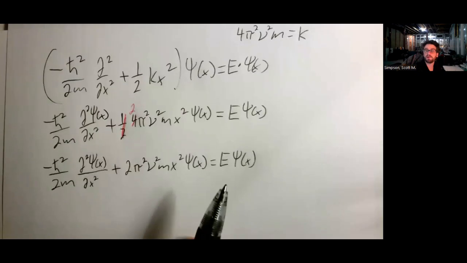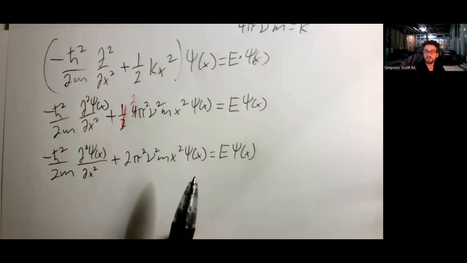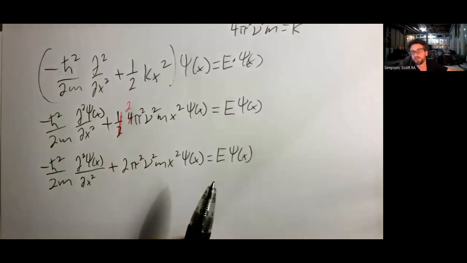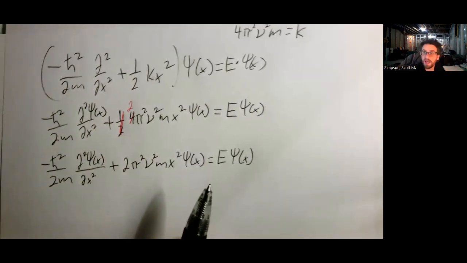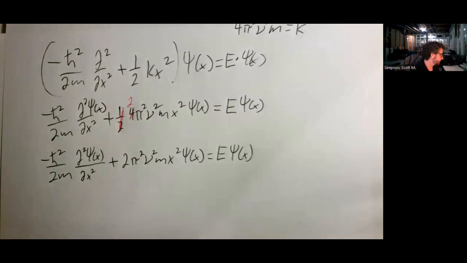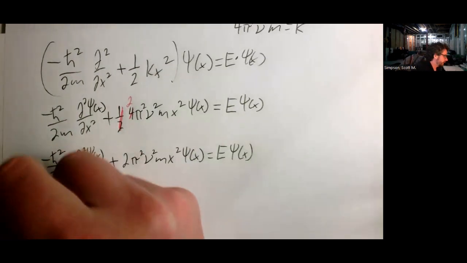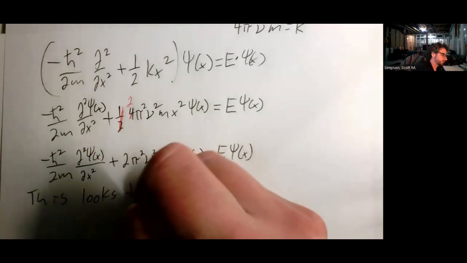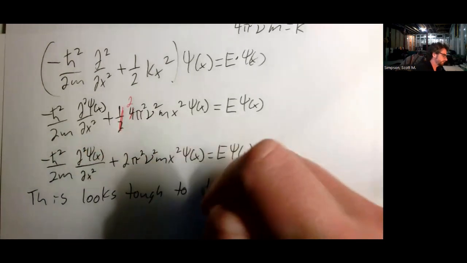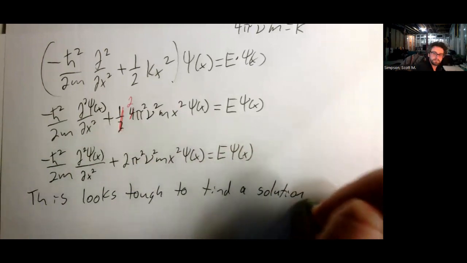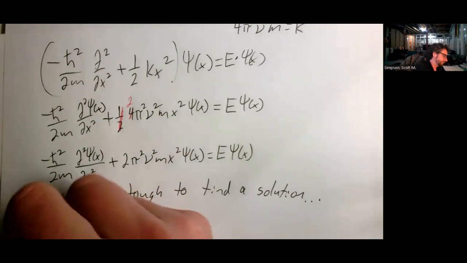The easiest route I find is to get one side equal to 0. And once you do that, you might be able to think of some functions that could work out, or you could apply different methods that you learn in your differential equation class to solve for this thing. So this looks tough to solve. Let's make it easier.